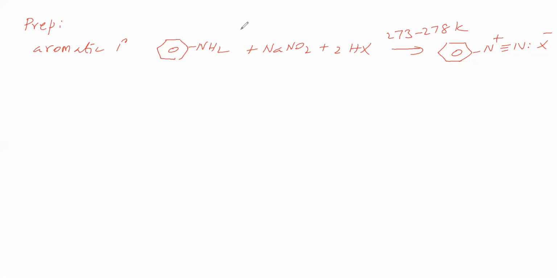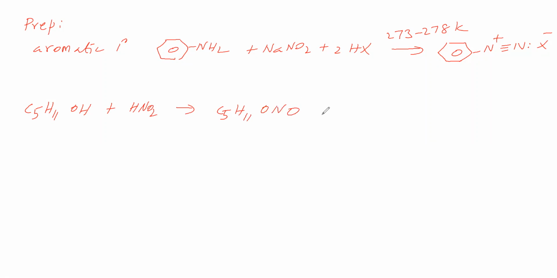So next preparation we will see. Next preparation is, we are taking an alcohol. For example, the alcohol is this one. To the alcohol we are adding HNO2. So what we are getting is an alkyl nitrite, R-ONO.